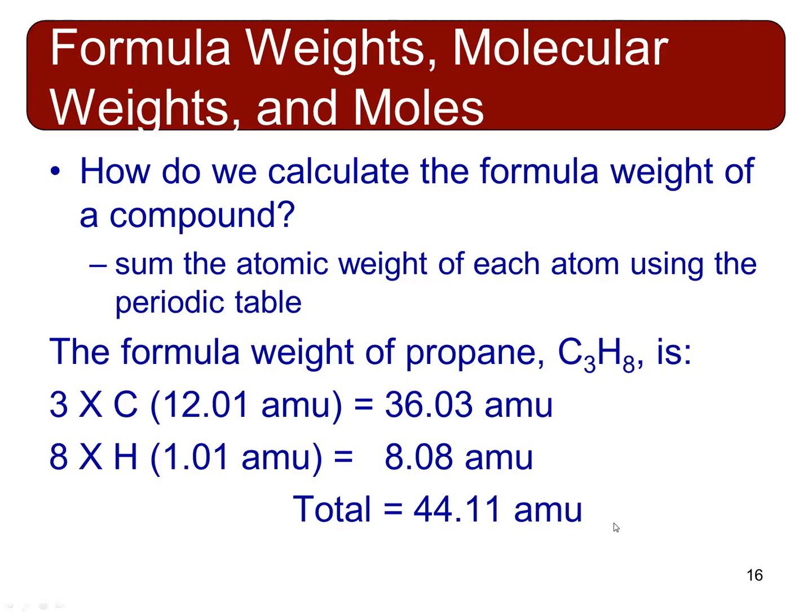Okay, and then you take 8 for the 8 hydrogens that we have, times 1.01, because that's the atomic weight of hydrogen, and you get 8.08, and then you add the 2 together. Okay, so that's what you do for a compound. You take the number of atoms, multiply it times the atomic weight for each of the atoms, and you just sum it up.